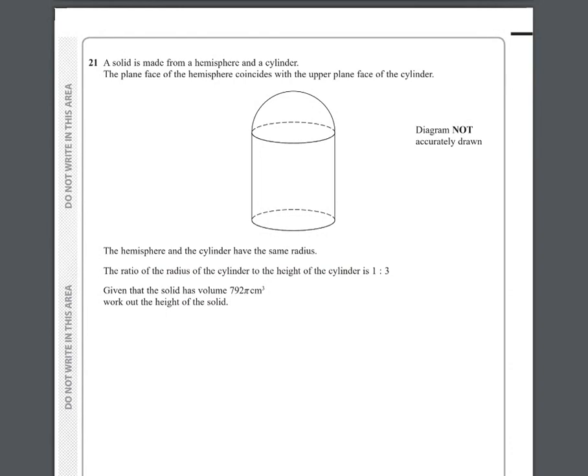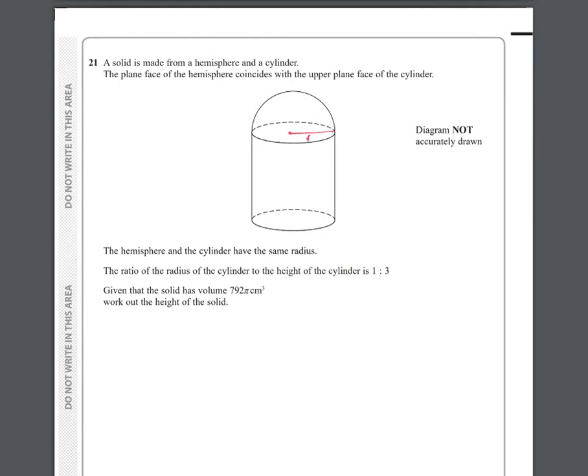Question 21. A solid is made from a hemisphere and a cylinder. The plane face of the hemisphere coincides with the upper plane face of the cylinder. The hemisphere and the cylinder have the same radius. The ratio of the radius of the cylinder to the height of the cylinder is 1 to 3.